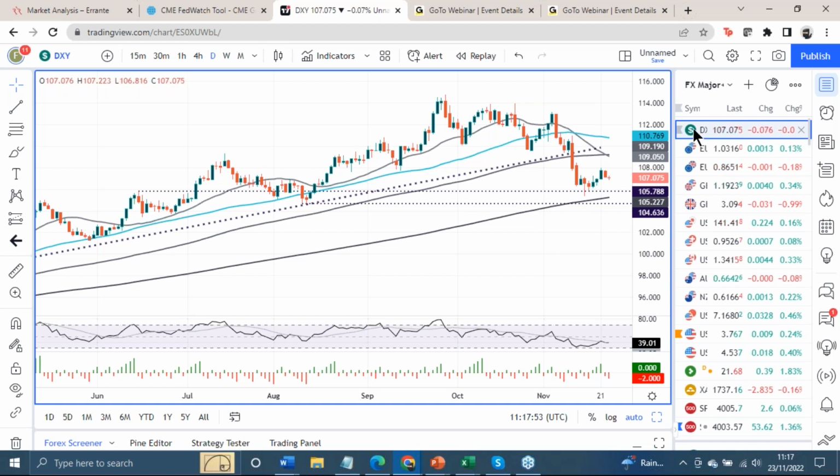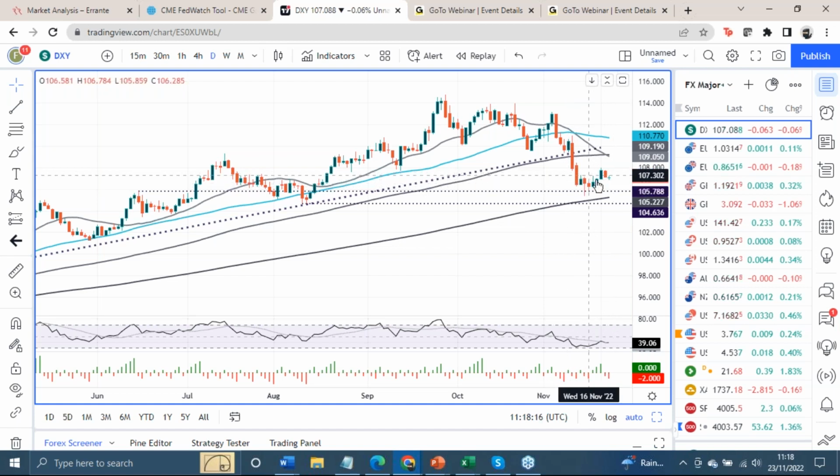But yes, back to the chart, the dollar. We can see the DXY here finding support at the June high around 105.78. You can see we dipped below it briefly in the middle of this month, but then stabilized, a couple of up days really, and then yesterday's pullback into no man's land.